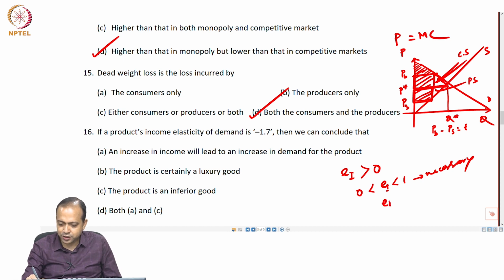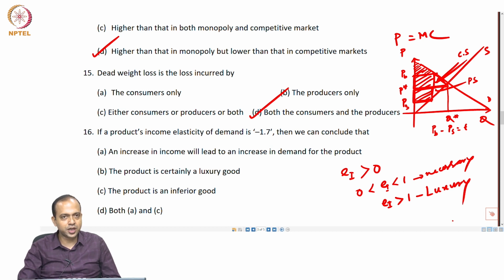If EI is greater than 1, then only there is a possibility that this is a luxury. Income elasticity should be greater than 1.